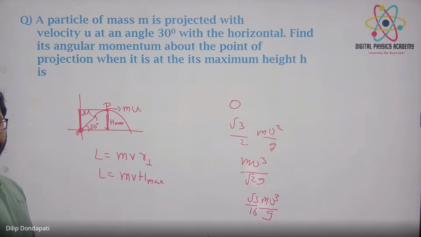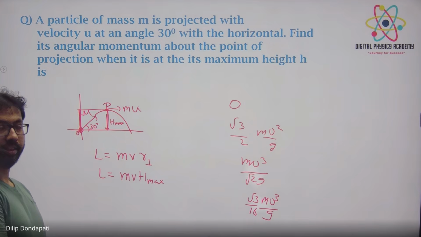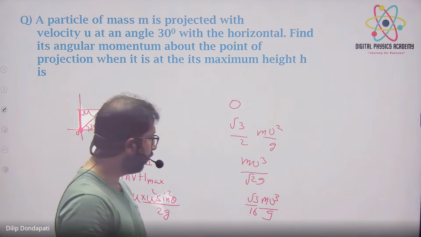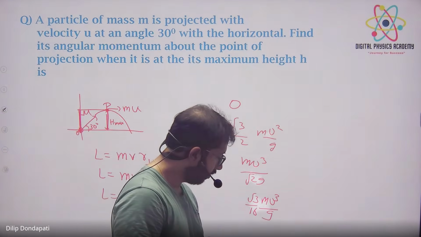H max का formula क्या? So we have to use u or u cos theta. तो u to u cube होगा. Tell answer. So √3 by 16 mu cube. Yes, this is answer.